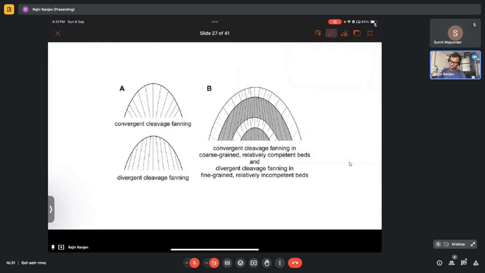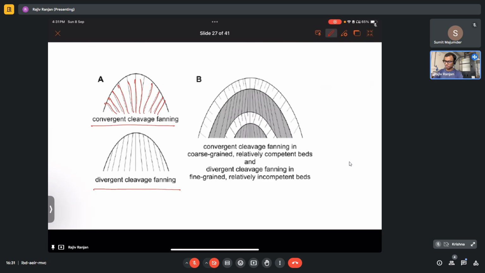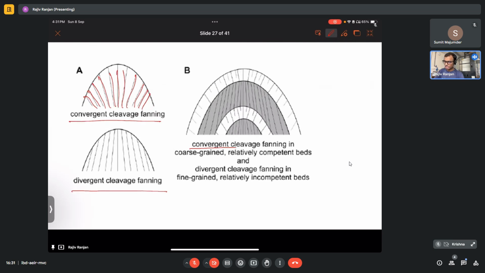So this is convergent cleavage fanning, and this is called divergent cleavage fanning. So everything is getting converged, right? Now try to see here. Convergent cleavage fanning occurs in coarse grain, relatively competent beds. So in competent beds, convergent cleavage occurs.